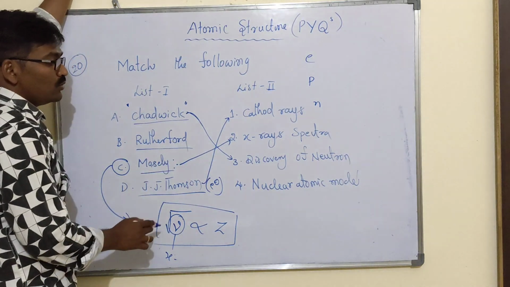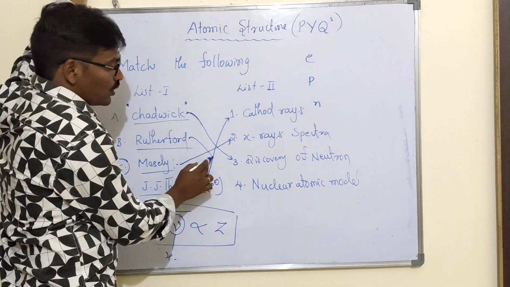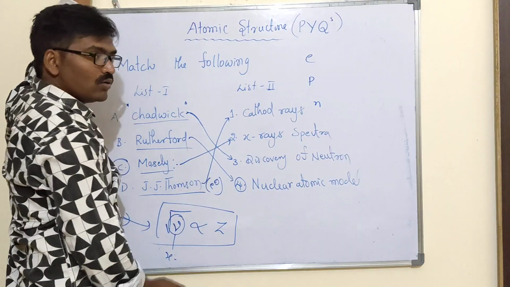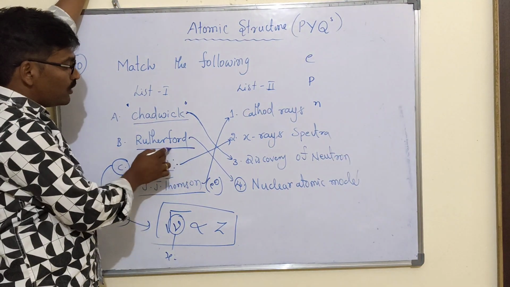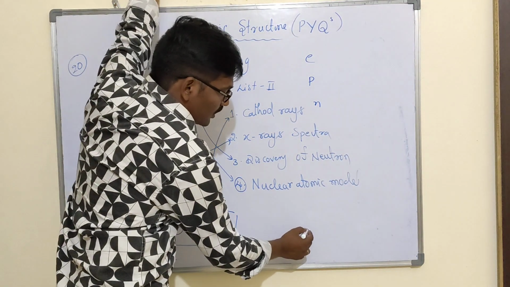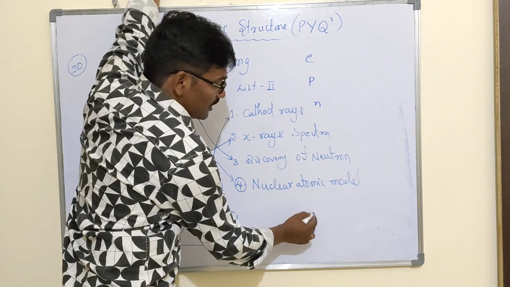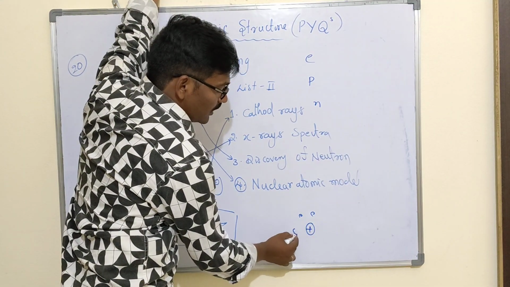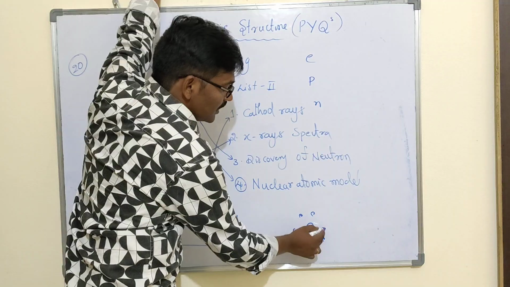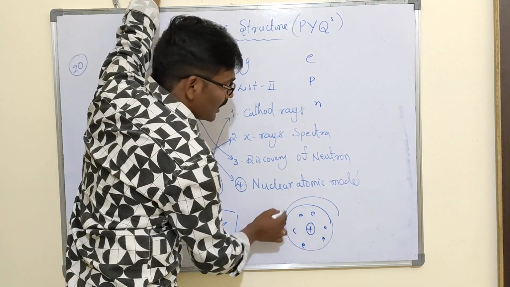Next, Rutherford's atomic model, or the nuclear model of the atom. Sir, what Rutherford told was that the nucleus is present and the electrons are revolving around the nucleus in circular paths.